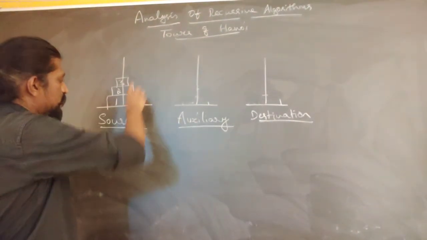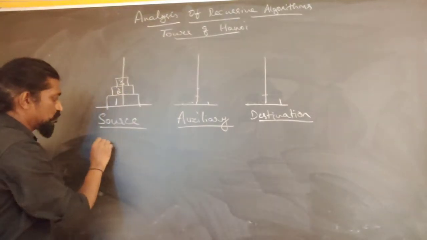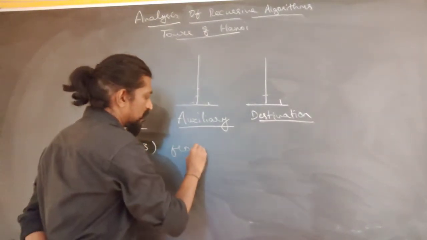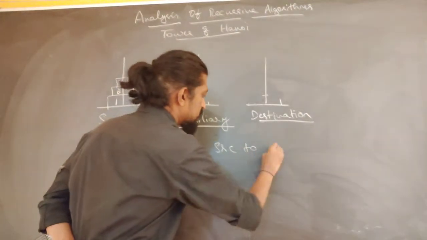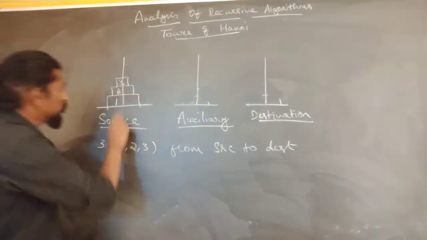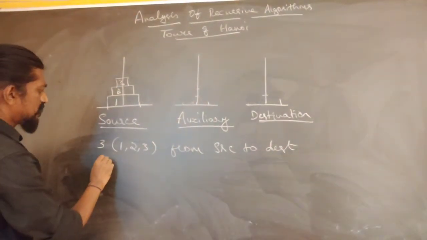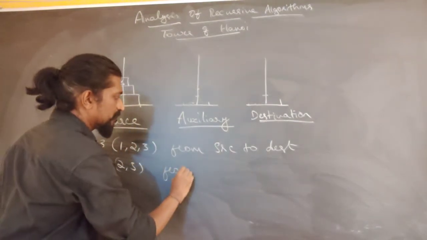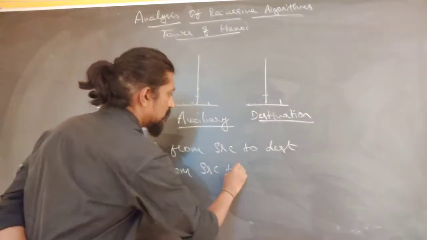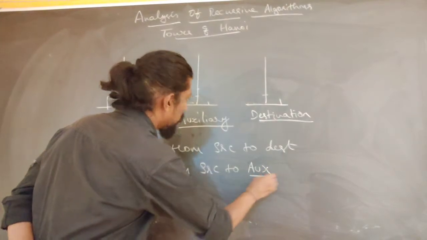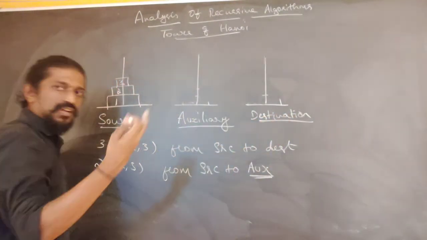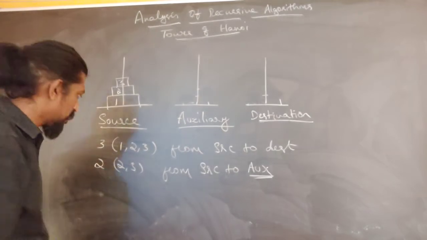To move n discs from source to destination, that is to move 3 discs 1, 2, 3 from source to destination, we need to move the top 2 discs, that is 2 and 3, from source to auxiliary. So therefore the auxiliary becomes our destination and the actual destination becomes a temporary storage peg.